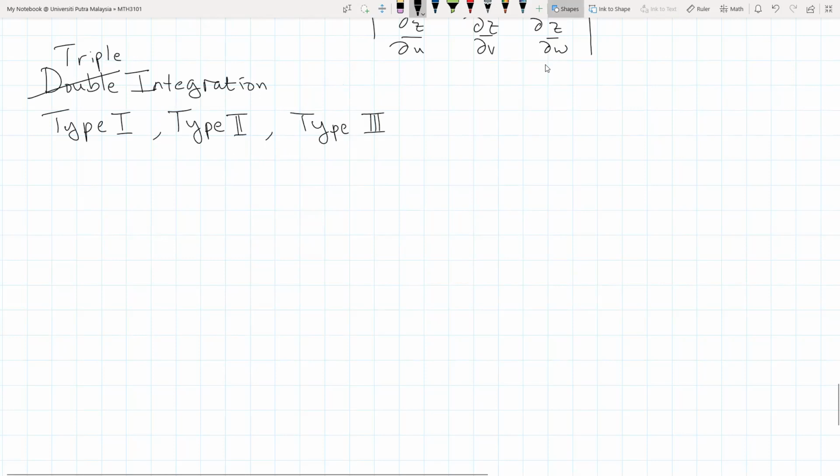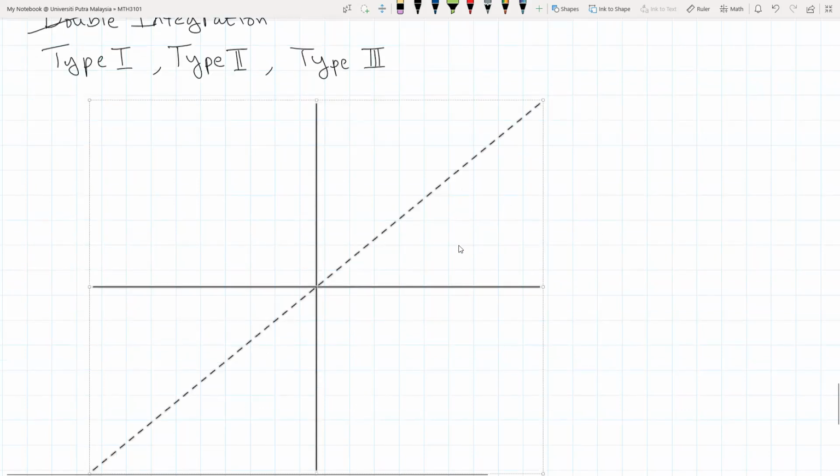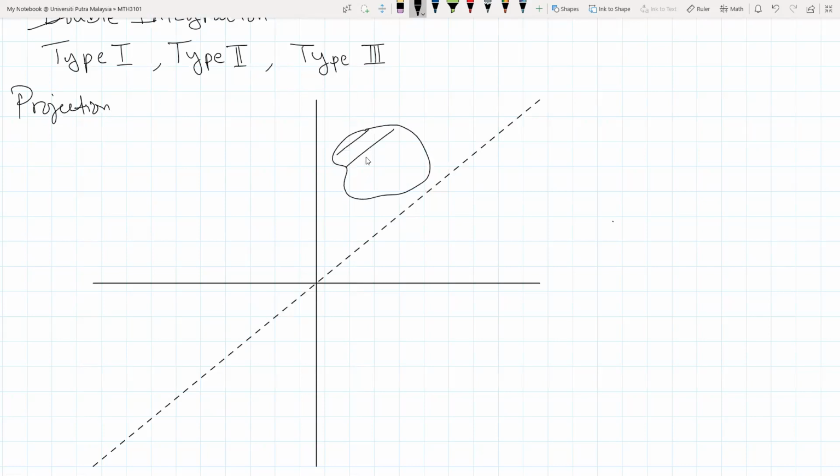Okay, let's try to visualize this. You have a plane, x and y. Okay, let's talk about the projection. Let's say I have some potato up here, a solid potato up there.